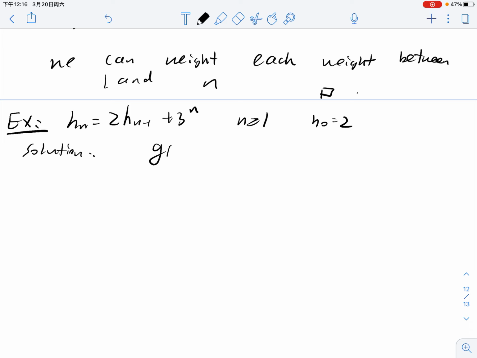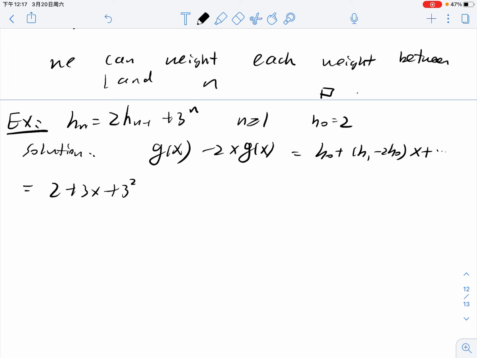So we set up the generating function and we use gx minus 2x gx. Then what do you have? By computation, you find this is 2 plus 3x plus 3 squared x squared plus 3 to the n x to the n plus all the way down.